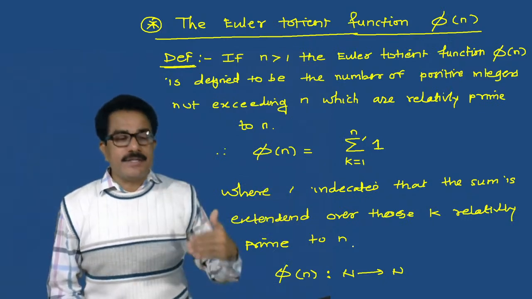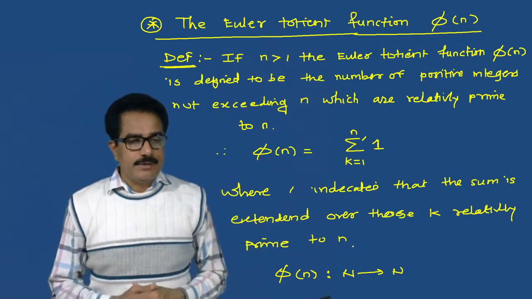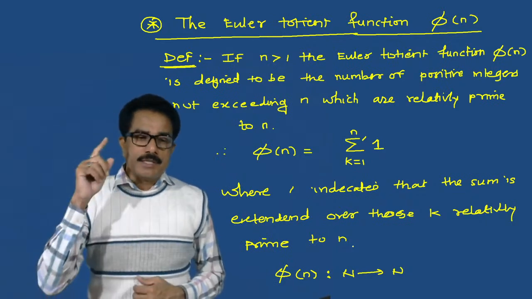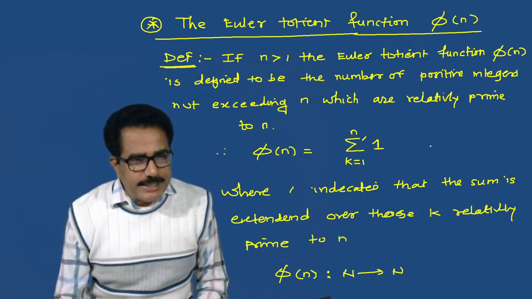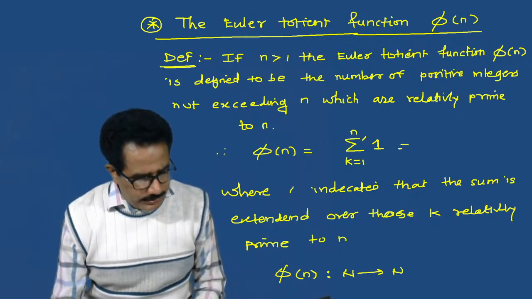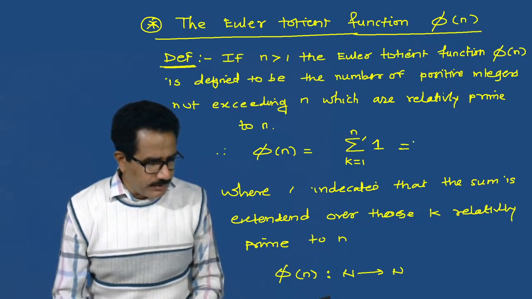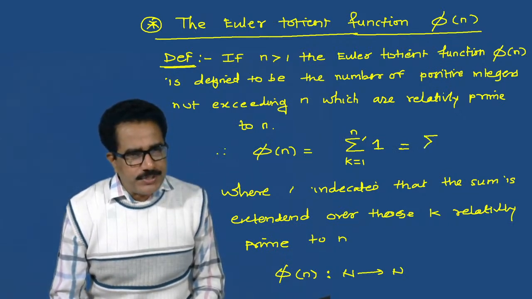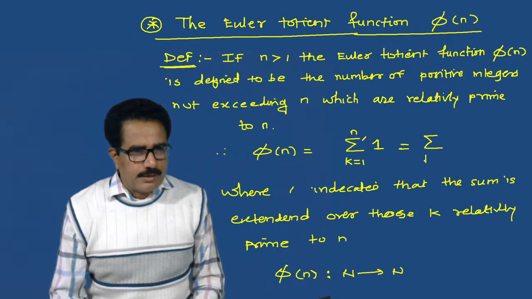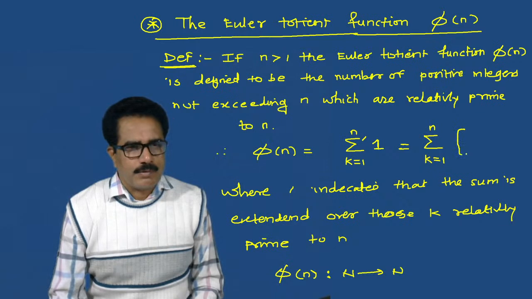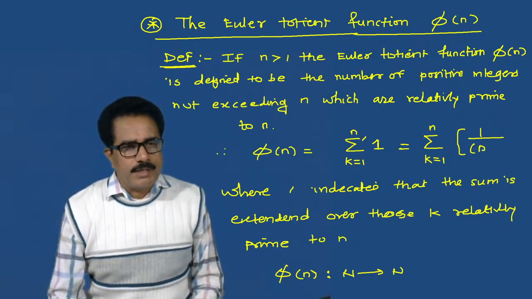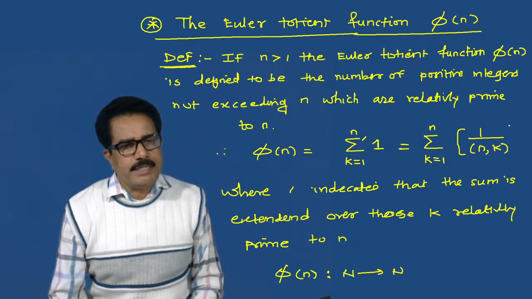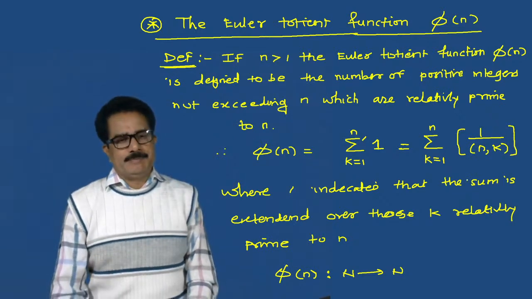Dash indicates that the sum is extended over those k relatively prime to n. We can also write this as summation k is equal to 1 to n, 1 upon box of n comma k, relatively prime n comma k.